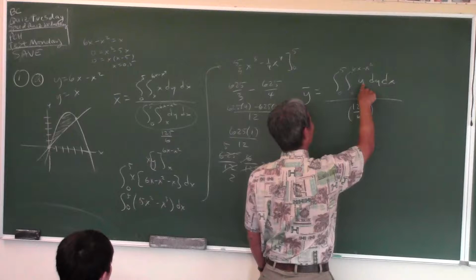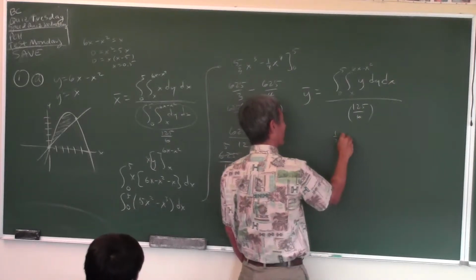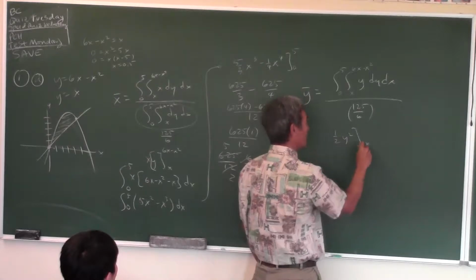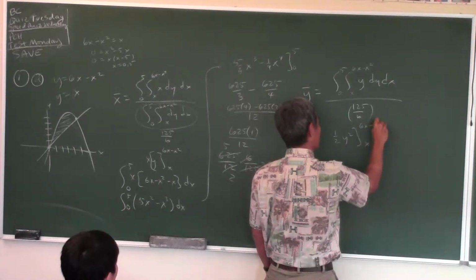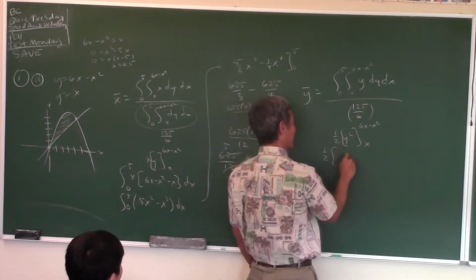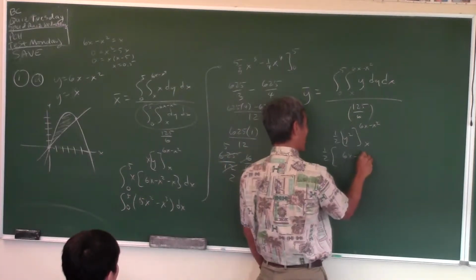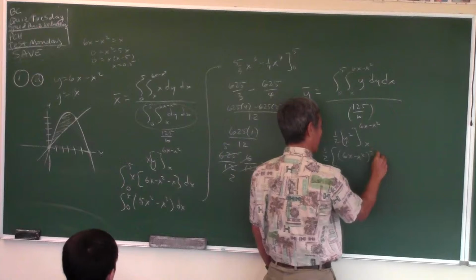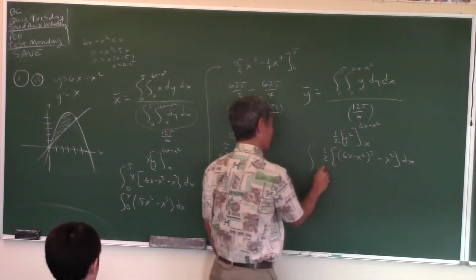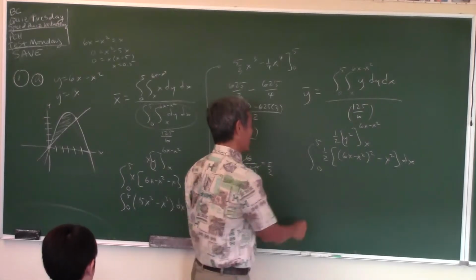So what's the integral of y with respect to y? 1/2 y squared from, we're going to do 6x minus x squared. Factor out the constant, so you go 1/2, so you're going to have 6x minus x squared minus x squared dx from 0 to 5. We got to actually multiply this out.